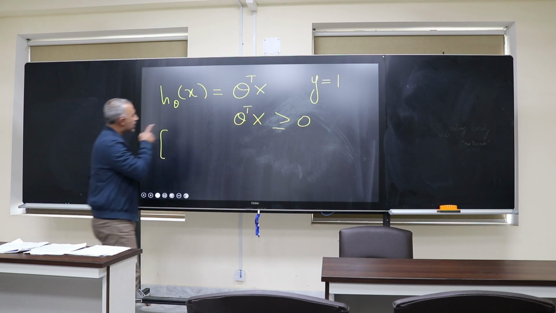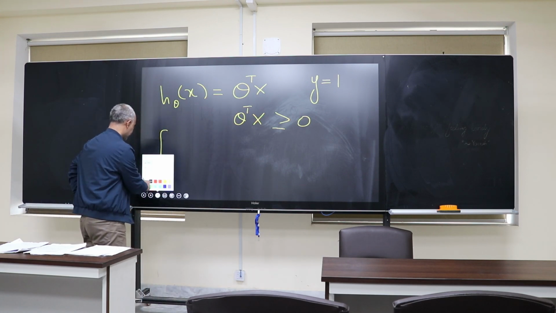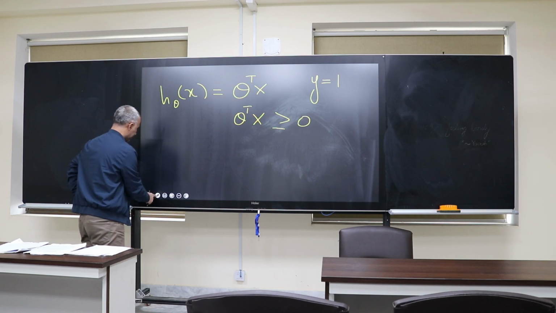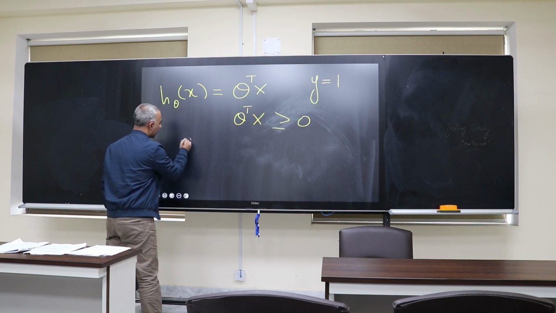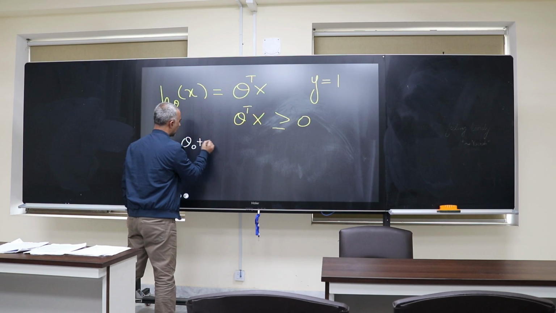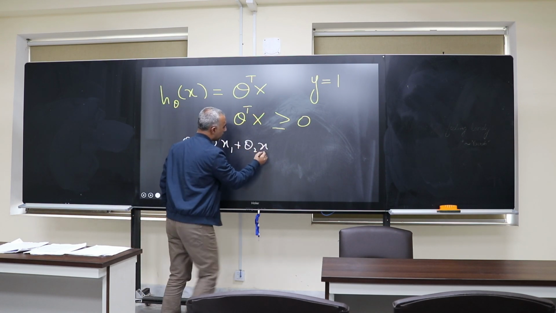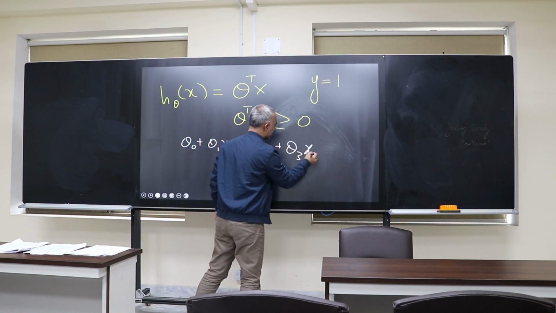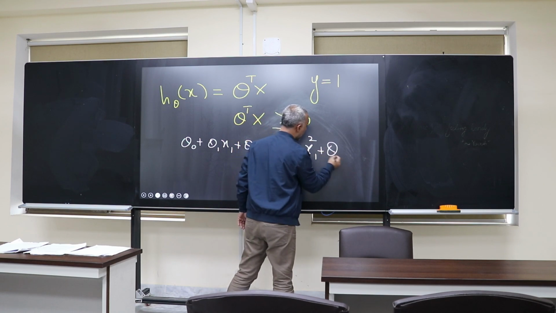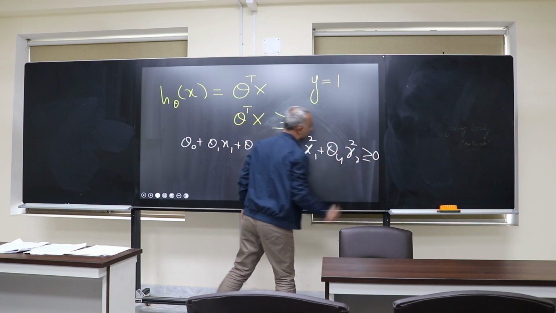So after multiplication, we will get a result like this: theta naught plus theta 1 x1 plus theta 2 x2 plus theta 3 x1 square plus theta 4 x2 square, greater than 0.